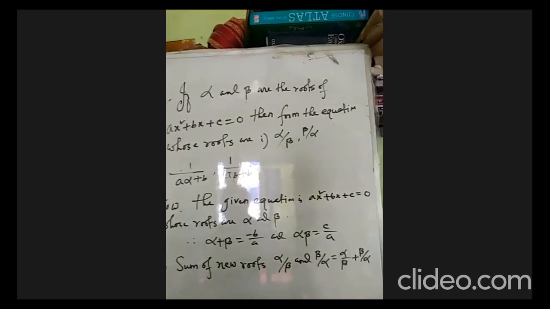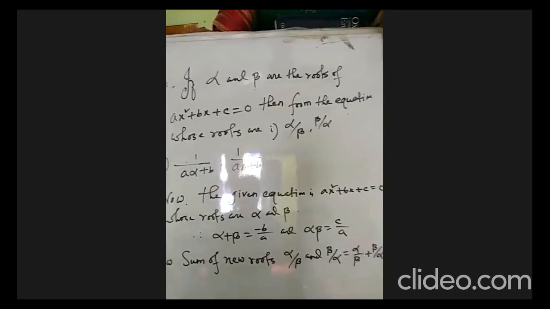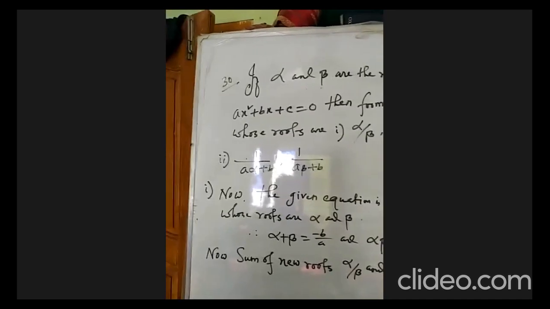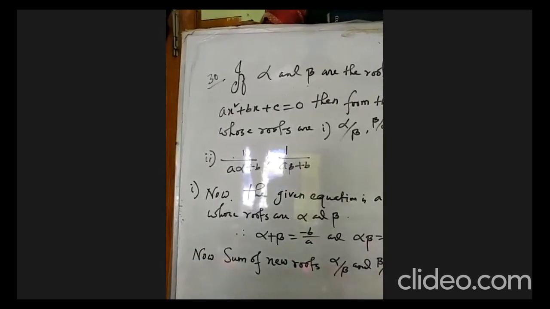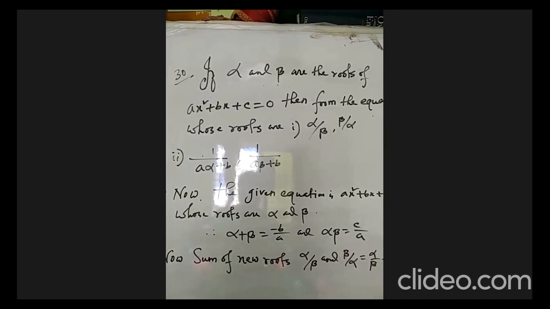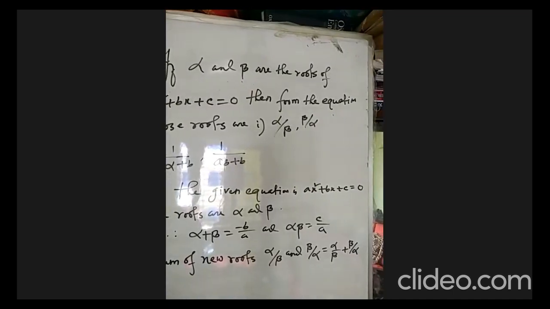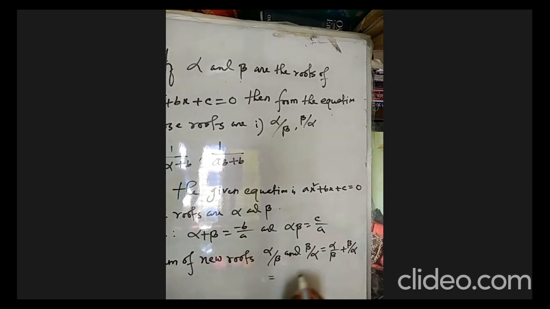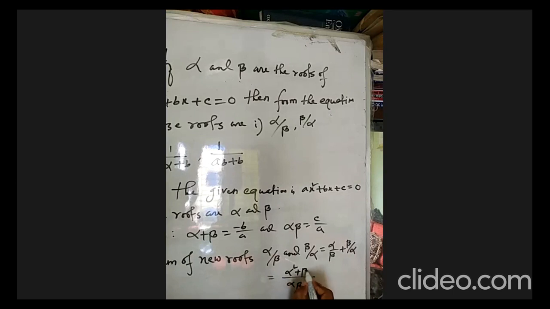So this is the sum of the new roots for us. Okay. And this equals to what will be? Taking LCM alpha into beta, then we get alpha square plus beta square.